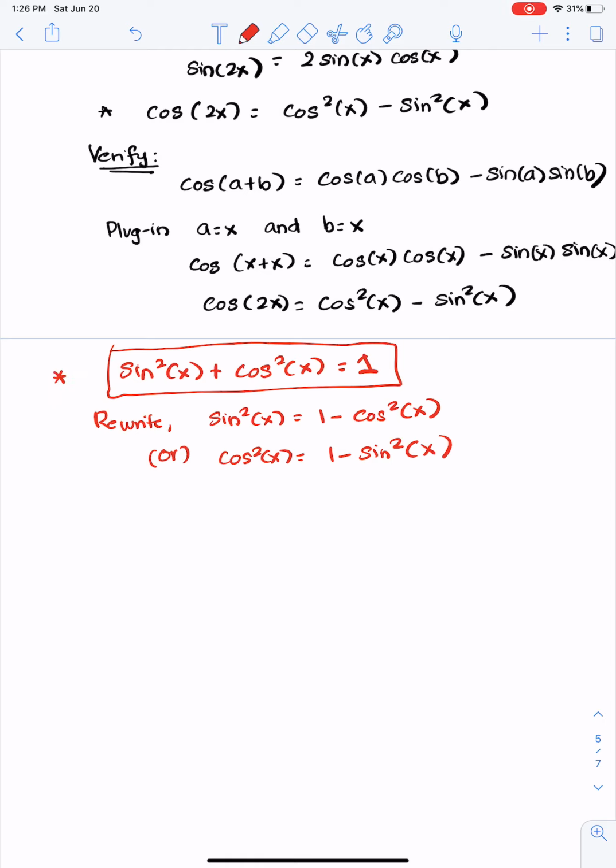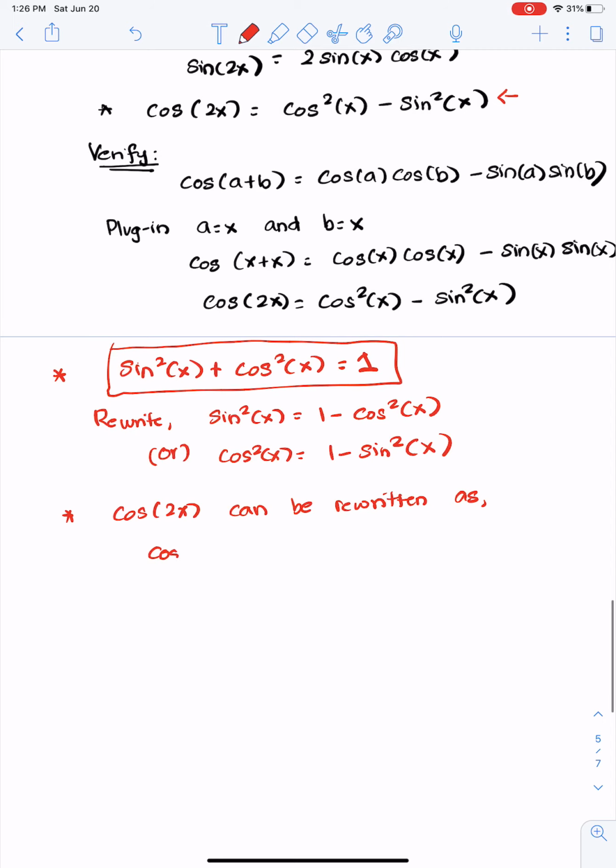If I take this particular identity and plug it back in here, then cosine 2x can be rewritten as 1 minus 2 sine squared x.